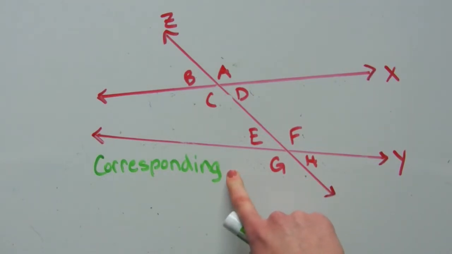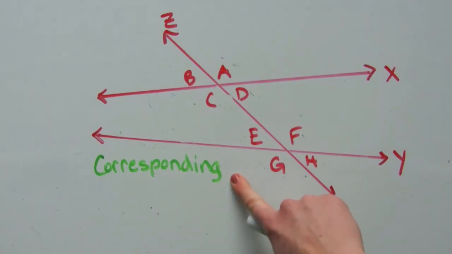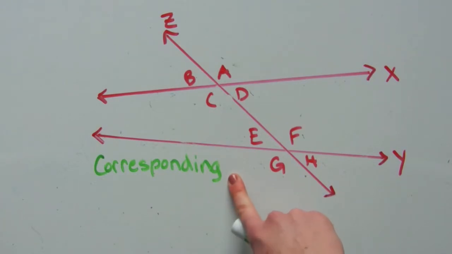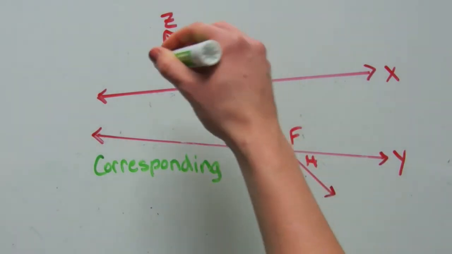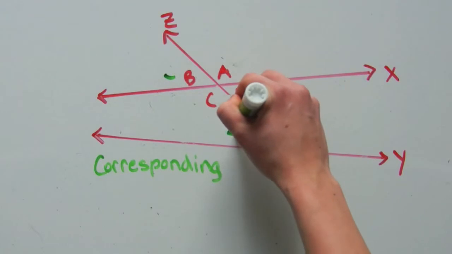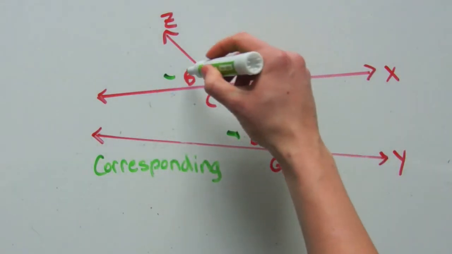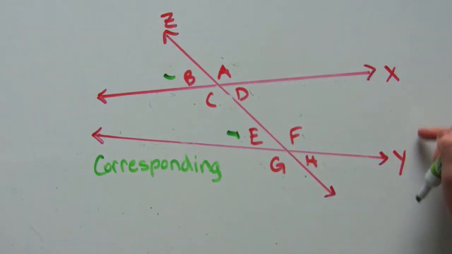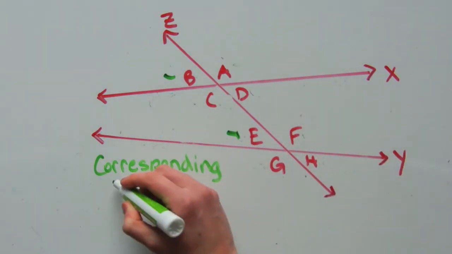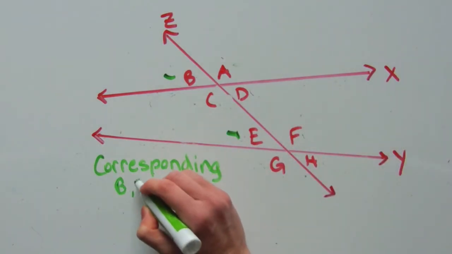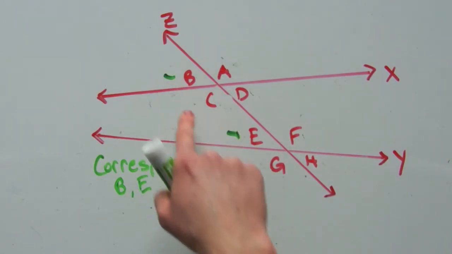However, they lie on the same side of the transversal and either above or below. So the first one we're going to do is the corresponding angles B and E. Both of them lie to the left of the transversal, and they're both above X and Y. So B and E are our first two corresponding angles.